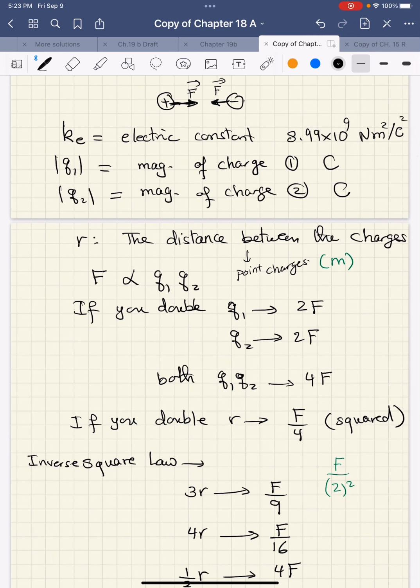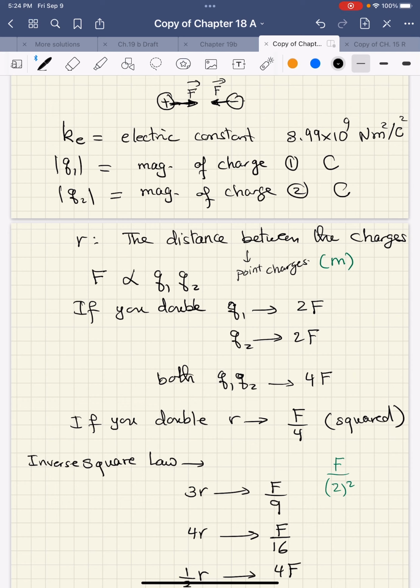The fundamentals of Coulomb's law say that the force is directly proportional to the product of Q1 times Q2. Then if you double Q1, just Q1, you're going to get 2F. If you double Q2, you're going to get 2F.